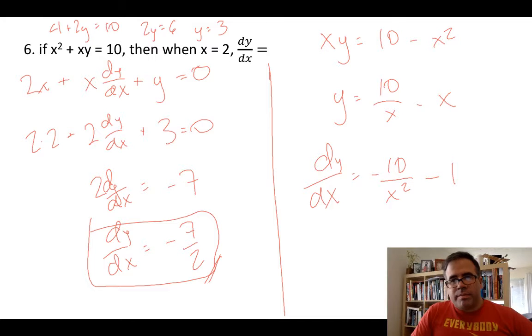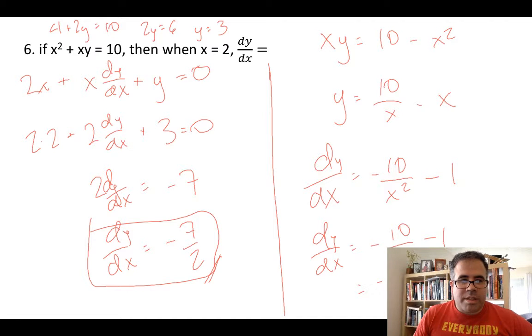You plug in 2, you get that dy/dx equals -10 over 4 minus 1, which becomes -5 over 2 minus 1, which we can see pretty easily. That's -7 over 2, like we had on the other side.